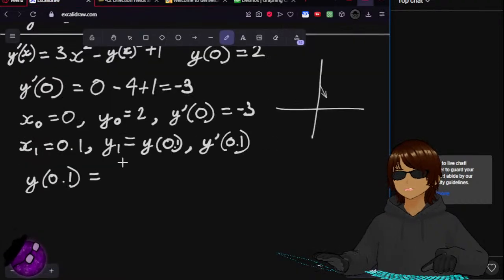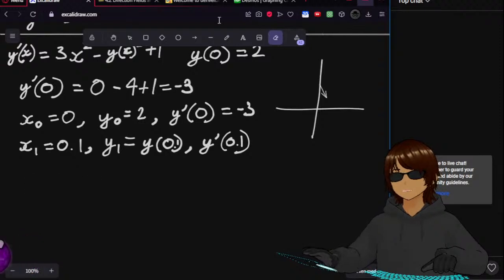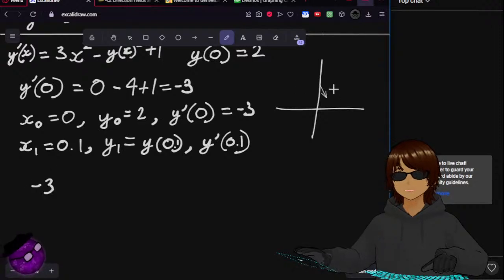So using the previous derivative. Hold on. I don't know why I'm getting confused. So -3. You're using this derivative to find the value at 0.1.